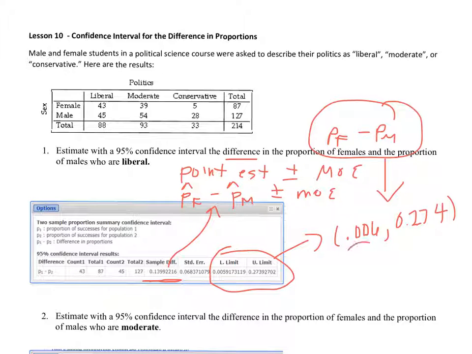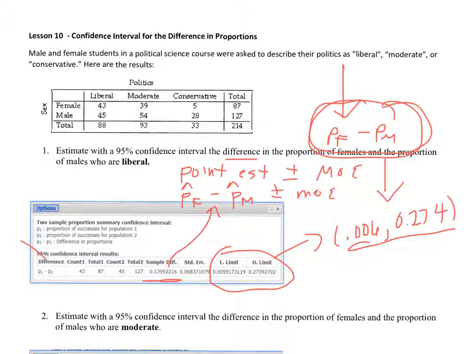Do you notice that this interval only contains positive values? Since the interval is estimating the difference, this tells me that the percentage of females who are liberal is greater than the percentage of males who are liberal by between roughly 0.5% and 27%.